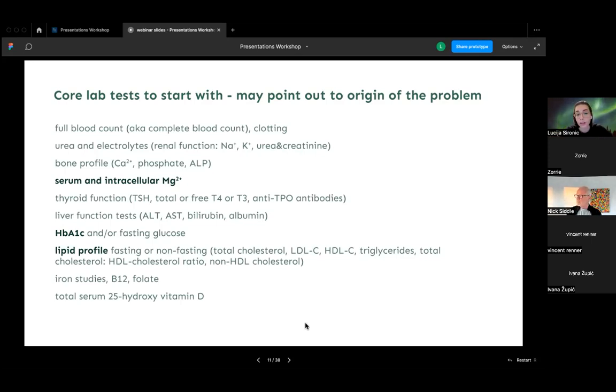Also things like HbA1c, so glycated hemoglobin, again, gold standard for diabetes diagnosis today.